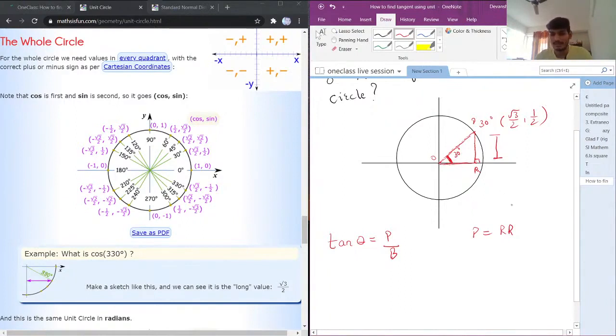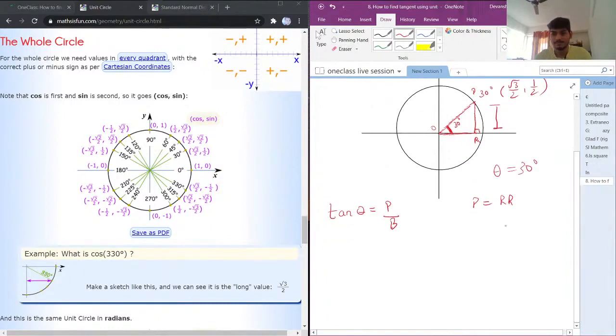So the angle here in this case is theta equals 30 degree. I will just write theta as 30 degree, and my base is the line which actually has the angle.